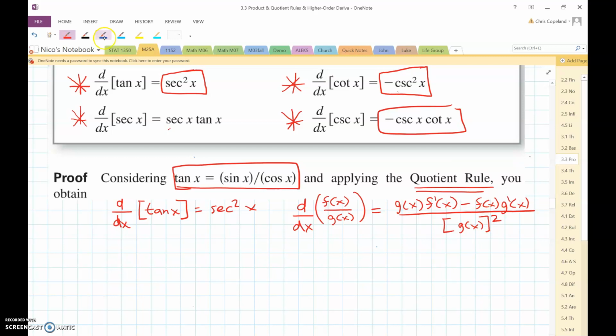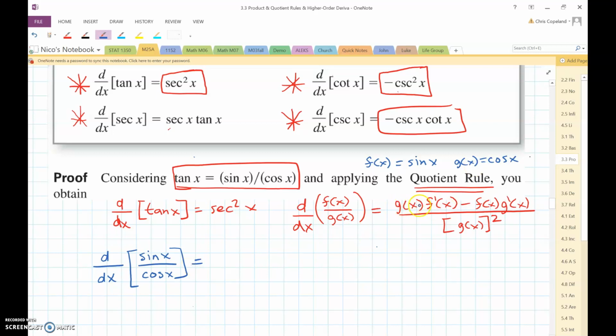Okay, so let's try this. So we want to take the derivative with respect to x of sine of x over cosine x, where f of x is equal to sine x and g of x is equal to cosine x.